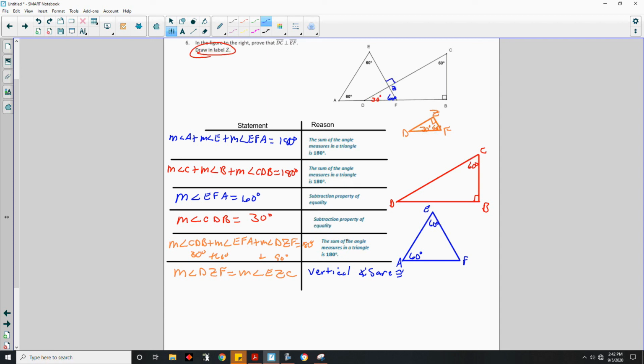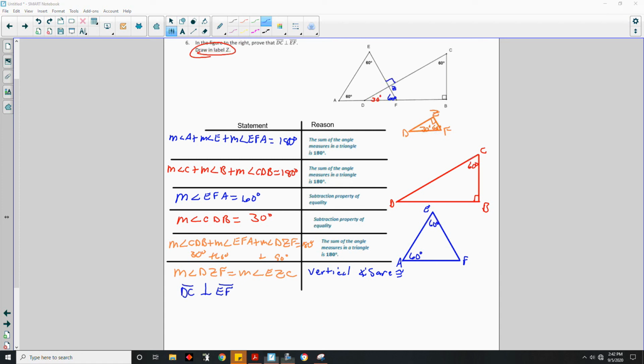All right, so now finally I'm going to say, since EZC is 90 degrees, can we prove DC is perpendicular to EF? And yes, I can. So now I can just simply say segment DC is perpendicular to segment EF.